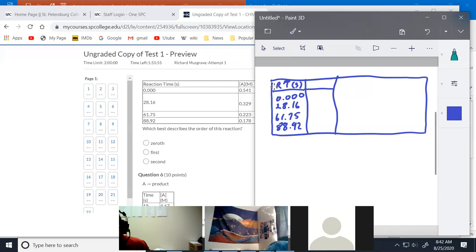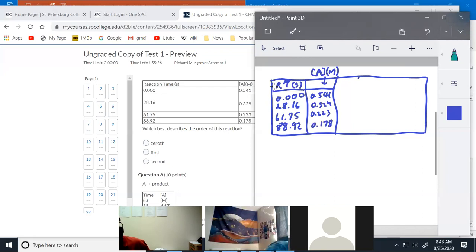Then we've got our concentration of A, which is of course in molar. And that's going to be 0.541, 0.329, 0.223, and 0.178.